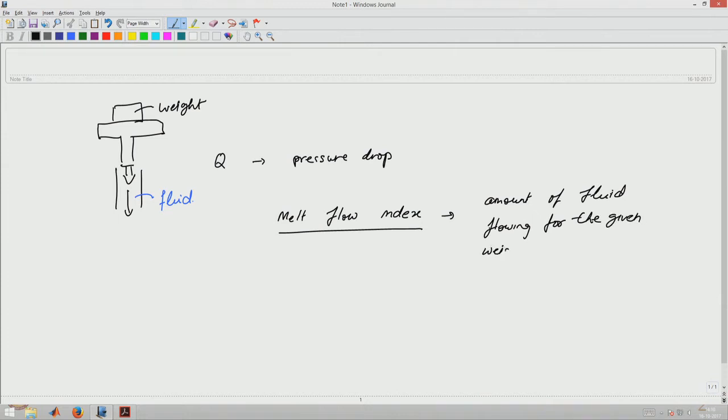So, you can see in which way this is in some sense a crude test, in the sense we are not measuring any finer aspects of flow, we are not measuring really pressure, we are just employing a weight to push the fluid down, and measuring how much fluid is flowing. And of course, the amount of fluid will be inversely proportional to viscosity. So, in general melt flow index will be inversely related to viscosity.